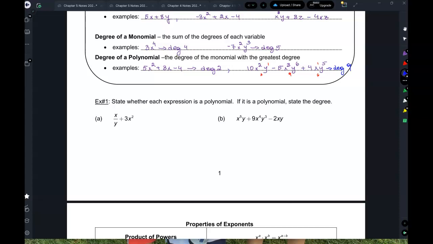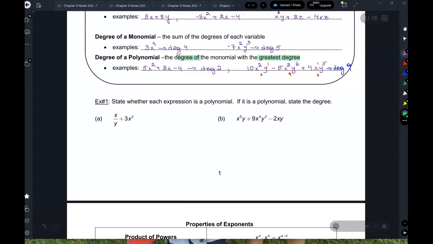No. So with each one, okay, here we added the 2 and the 1, we got a 3. 3 and 6, you get a 9. 1 and 5, you get a 6. Now you just need to take the highest number. That would be the degree. Yeah. Okay? So it's the degree of the monomial with the greatest degree.